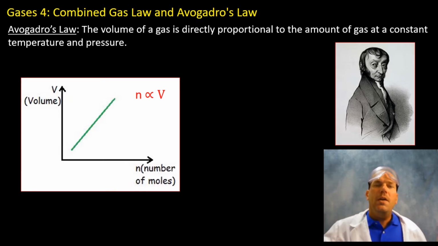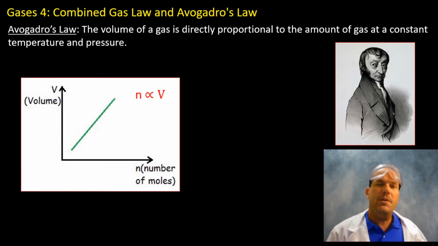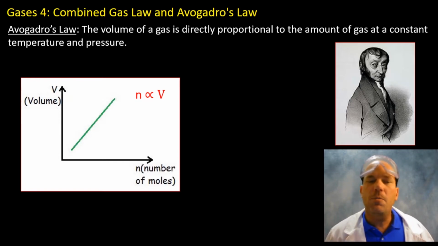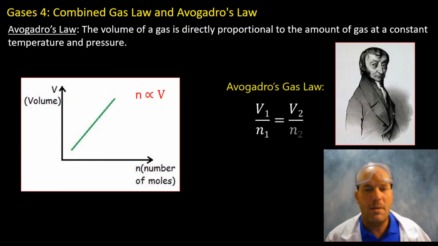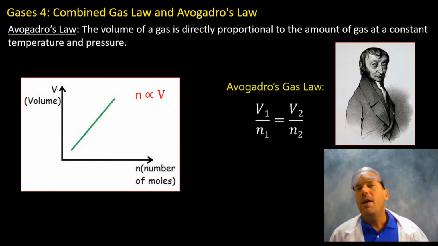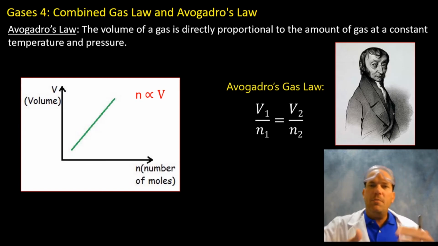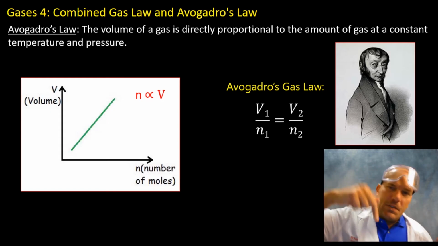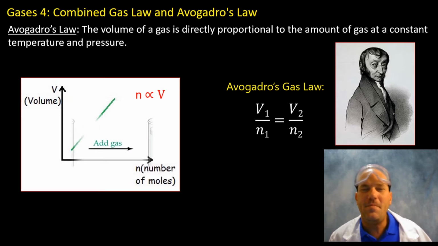Well, we know that the slope is constant, so this must be equal to k, which is equal to the slope, unchanging. Let's go ahead and look at this mathematically. So as the number of moles increases, the volume increases. And conversely, as the number of moles decreases, the volume would decrease.